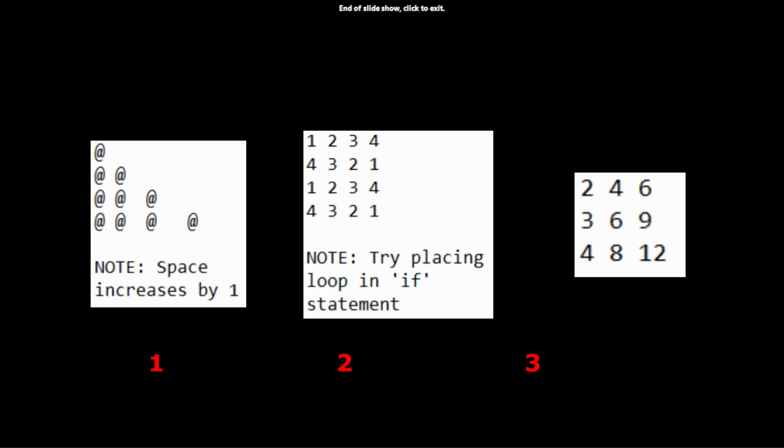Now we must remember that the conditional statement is absolutely necessary in loops, while the initialization statement and the update statement are optional. And finally, nested loops are loops within a loop, and it always completes the inner loop before returning back to the outer loop. So that's all we have.